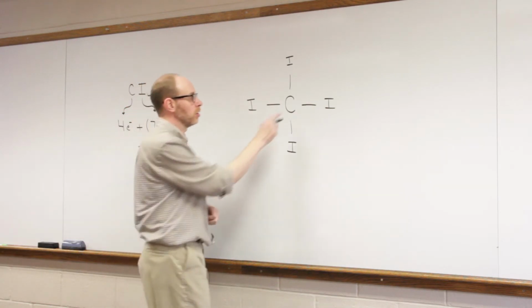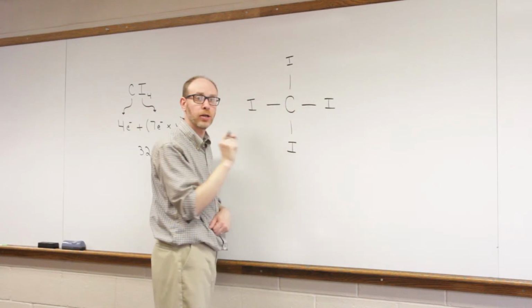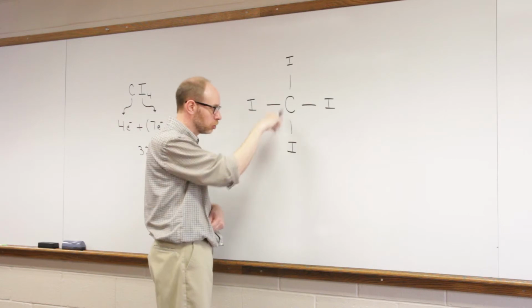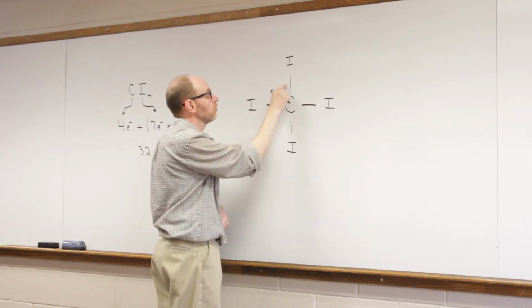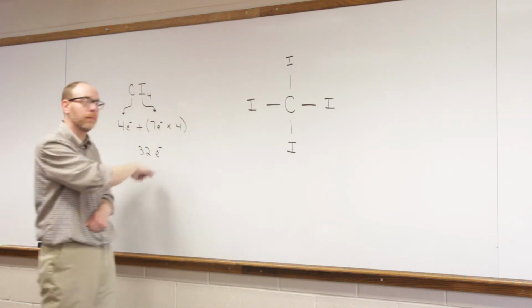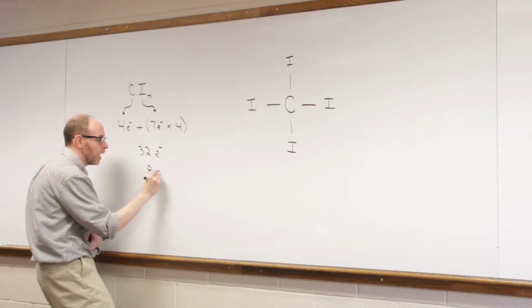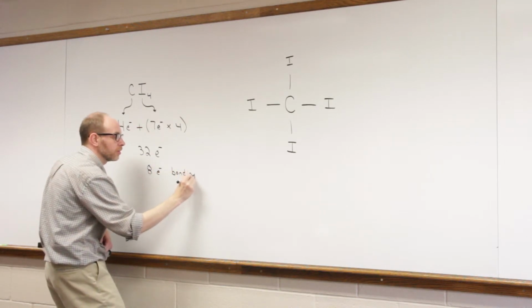So at this point, we have put in 2 electrons for each bond, because remember that a covalent bond is a shared pair of electrons between 2 nonmetal atoms in a molecular compound. So 2, 4, 6, 8. If we come back and look at our 32, we have now added 8 electrons that are bonding electrons.